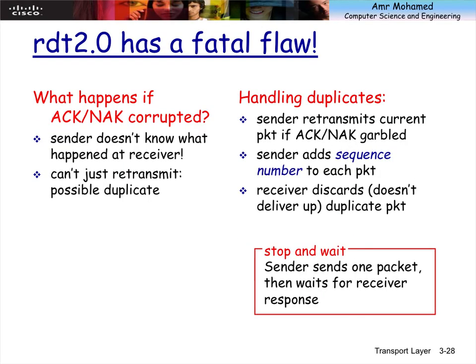So this is the sequence. There is an implicit thing here which we didn't account for. If the packet is sent over the channel, can anyone guess what is the problem here? Corruption of the acknowledgement.